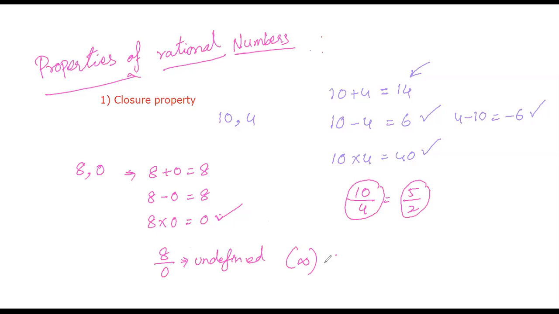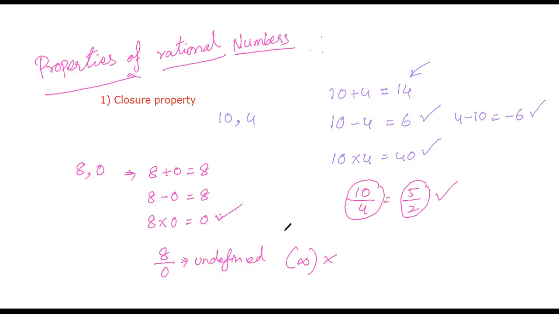So it won't work if we have a 0 as a number. Does division count in closure property? It won't, because it has to be satisfied for all the numbers. It won't be satisfied for 0, so division isn't included in closure property.